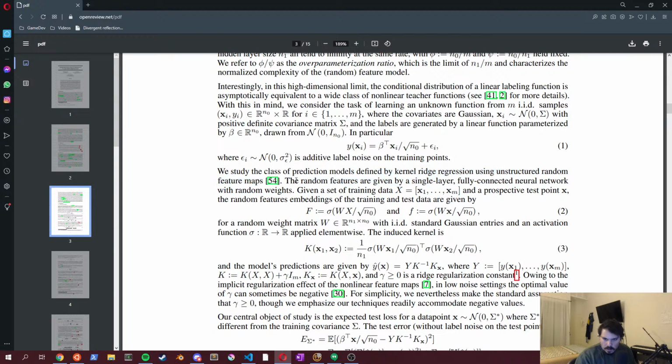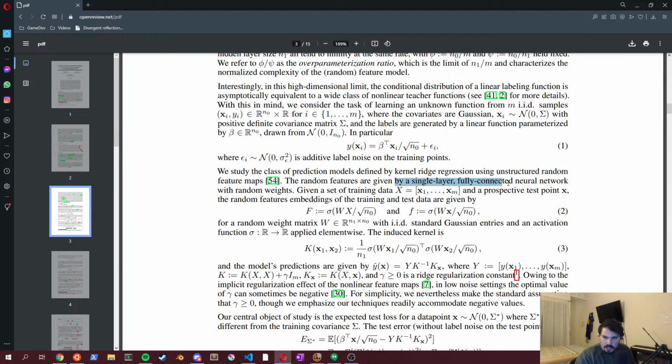Okay, so they say consider having a random set of features in this W matrix. If you have a training set with all these points x1 through xm, and you have a single test point, which they're calling x, they define this function big F, which is the thing that you're fitting, sigma, which is, I guess, this neural net.